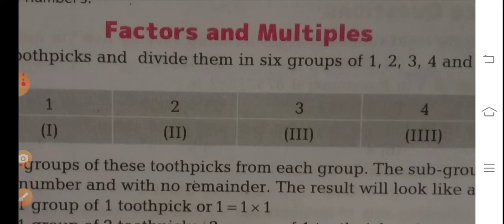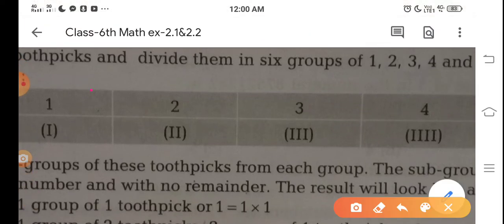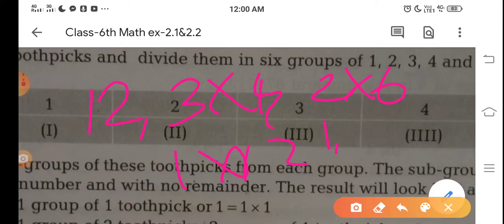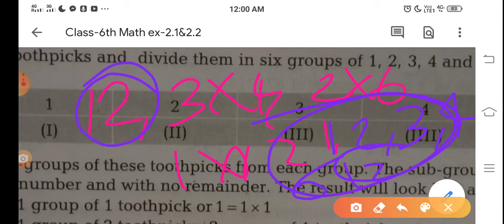For example, for 12: 3 times 4, 2 times 6, 1 times 12. So the factors are 1, 2, 3, 4, 6 and 12. That's called a factor.